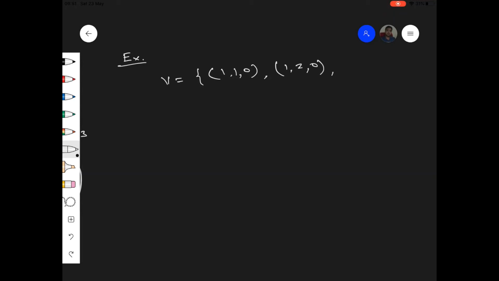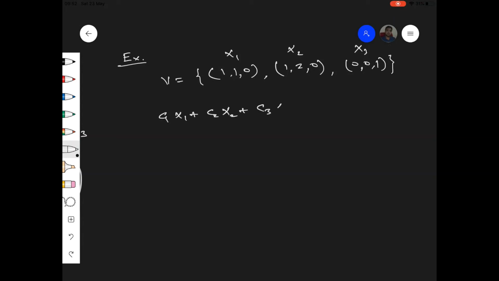So let's quickly check whether this set is linearly independent or not. Again, x1, x2, x3 as usual, and we start by writing the linear combination of these vectors and equating it to 0, which will lead us to a homogeneous system of linear equations.